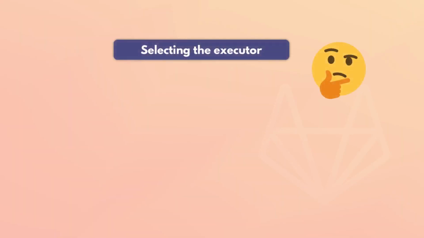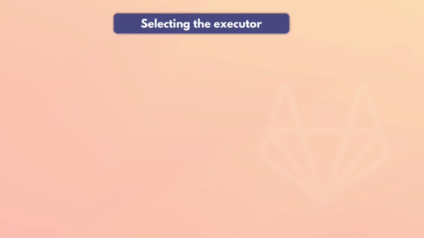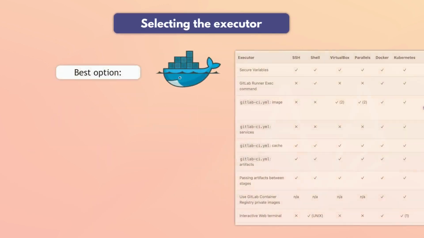Now the question you might have now is, which executor type should you choose? Well, each one has its own use cases, and generally speaking, for most cases, for building the standard CI/CD pipeline, Docker executor on Linux runners is probably the best option. However, as I said, you may have some specific use cases.